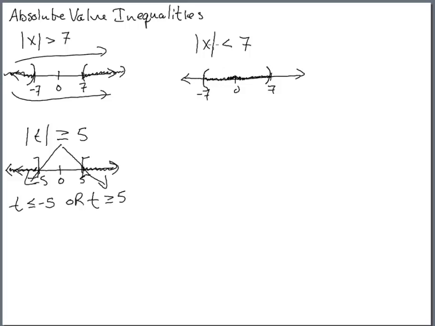So again, we see absolute value representing distance. We're saying distance is smaller than 7 from 0. Well, you can kind of see what's going on here, that this is now on a leash. It's trapped. It's stuck in between 7 and -7.